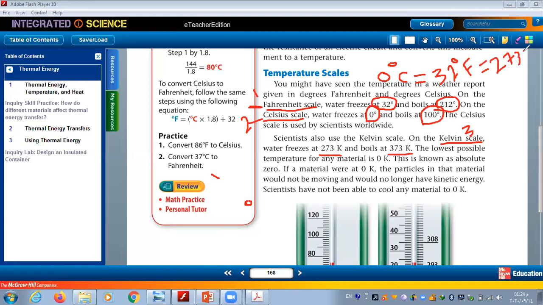So 0 degrees Celsius equals 32 degrees Fahrenheit equals 273 Kelvin. Because each of them chose the starting point as the freezing point of water and the boiling point of water. So this one started from 0, this one started from 32, this one chose 273. They are free to choose it.